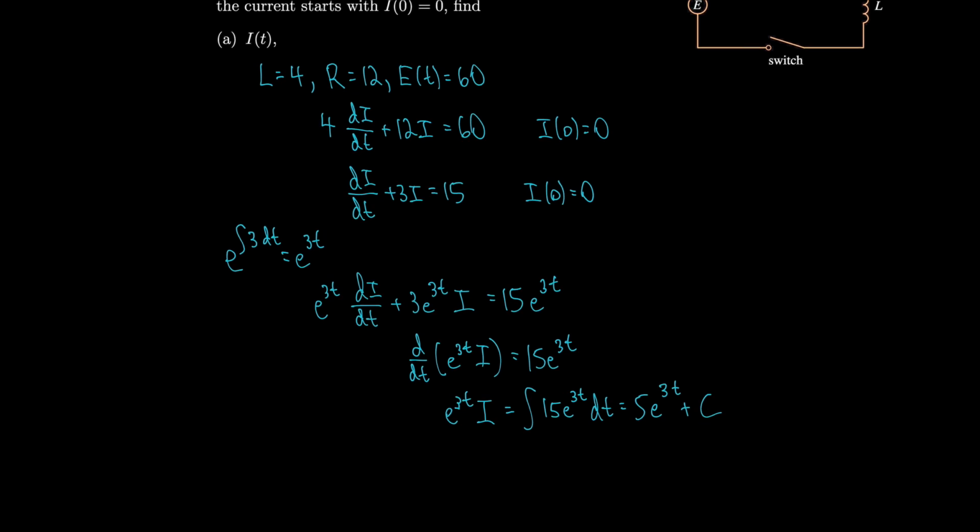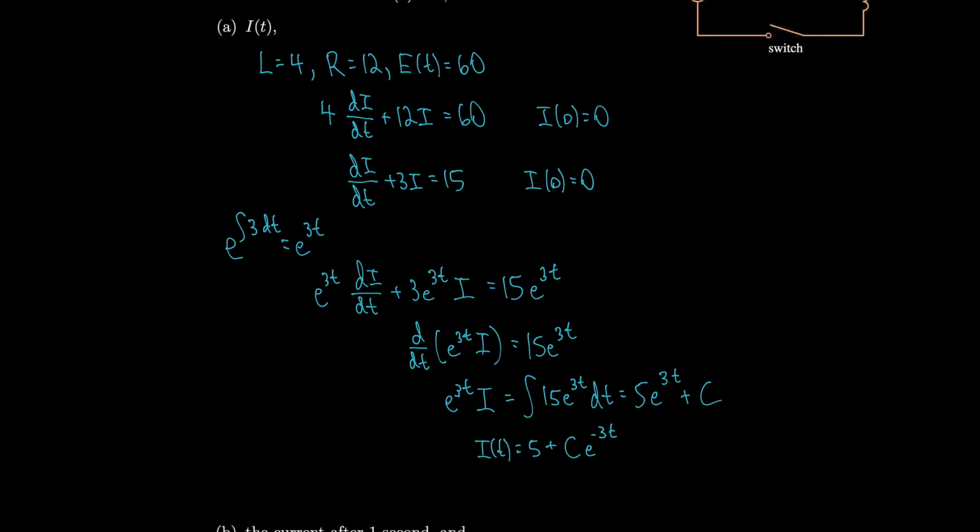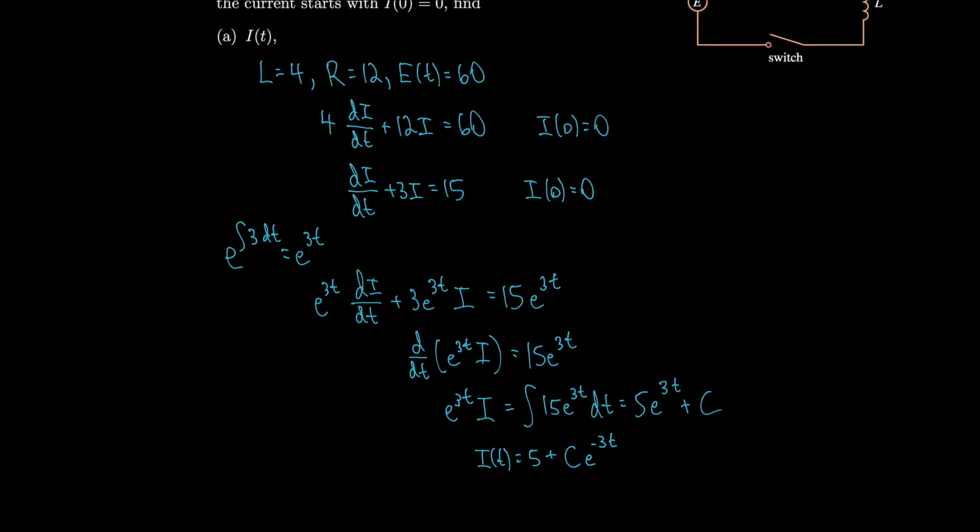So we can divide and get I of t by itself, and we get that I of t is equal to 5, because the e to the 3t cancels when we divide, plus c times e to the minus 3t. But we know that I of 0 is 0, so how about I put that in here?